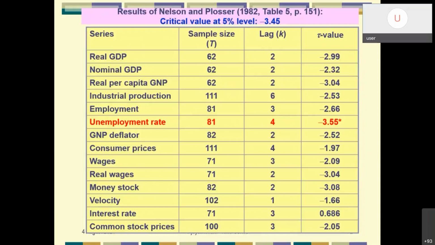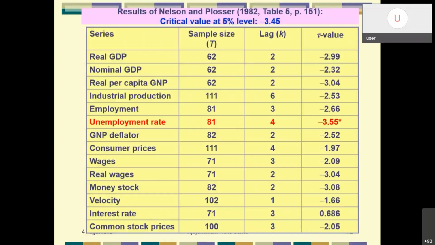And that is how Perron later on came criticizing Nelson-Prosser research, telling that the non-stationarity result that they got is actually a misleading one, because if there is a break in the time series, then that can generate a pseudo non-stationarity.